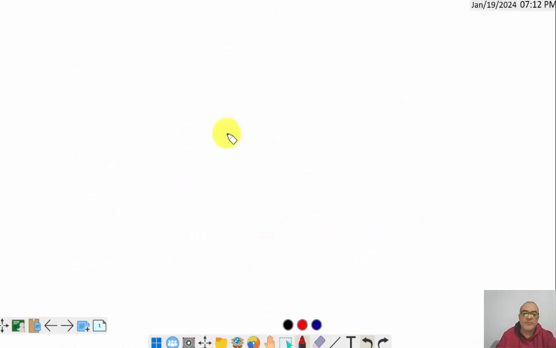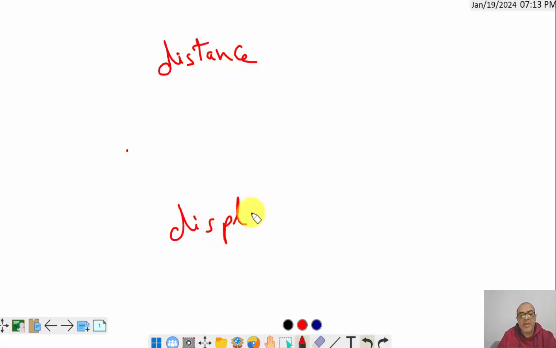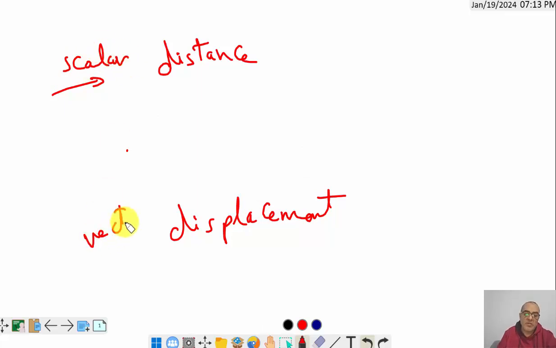Let's go to the explanation board. Here is distance and here is displacement. We said this one is scalar and this one is vector.